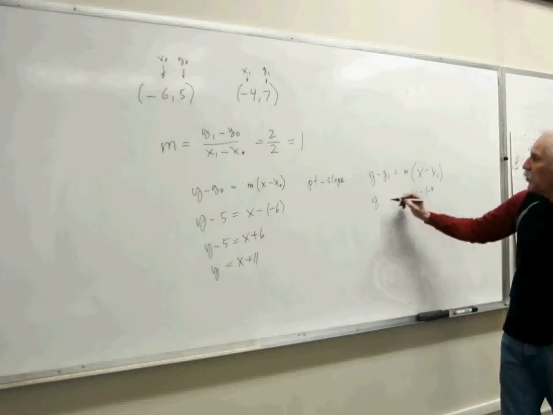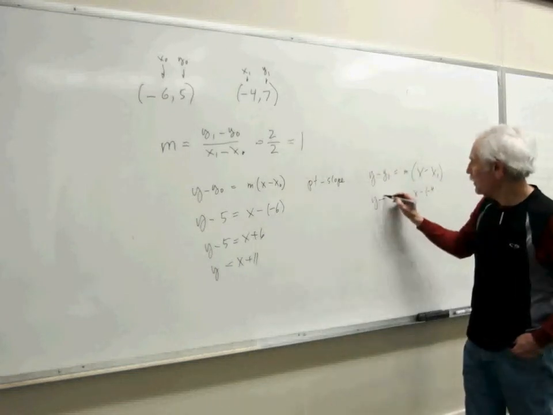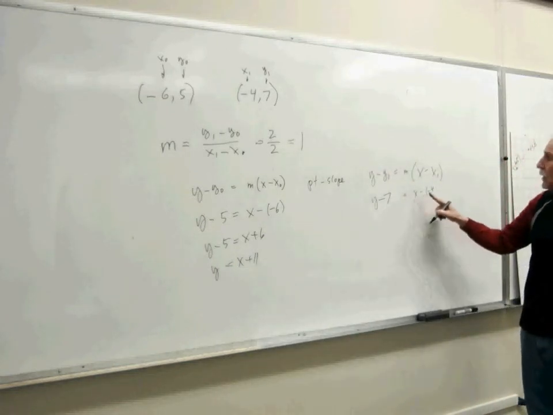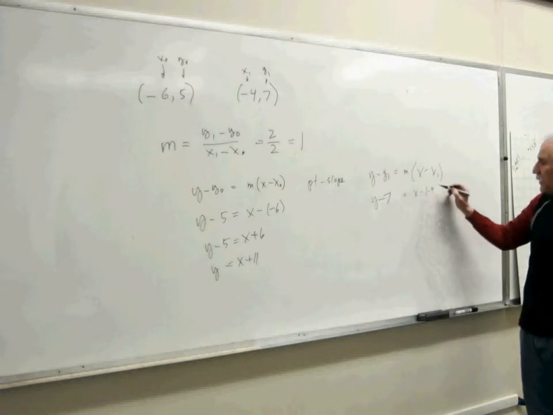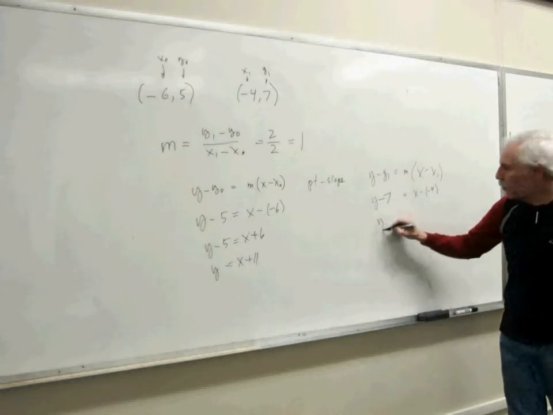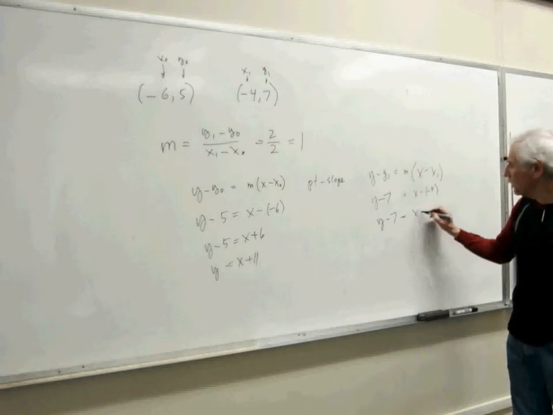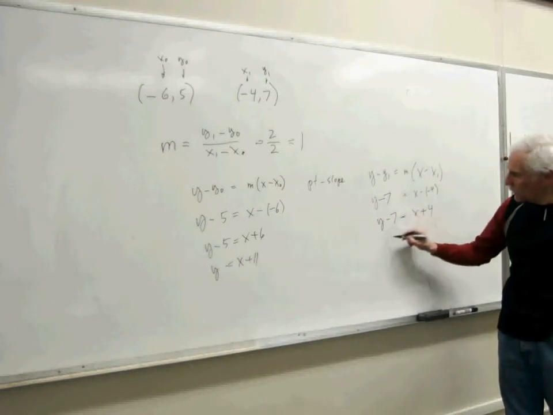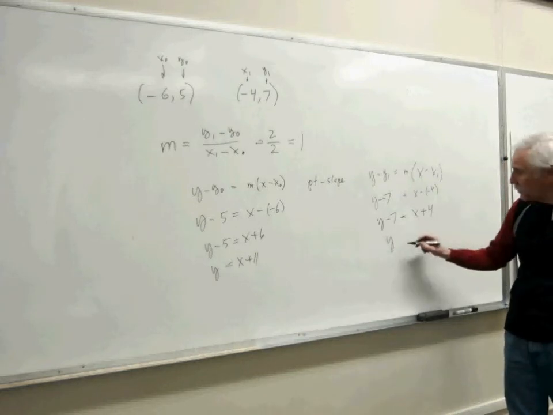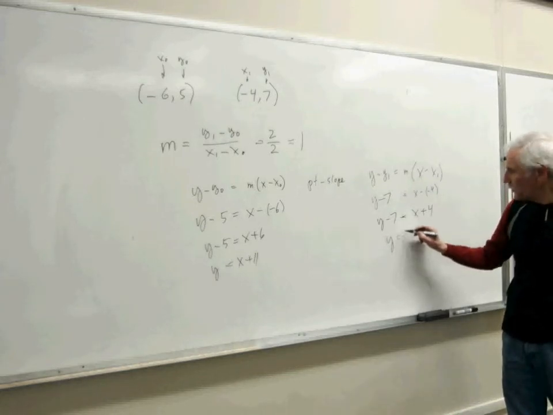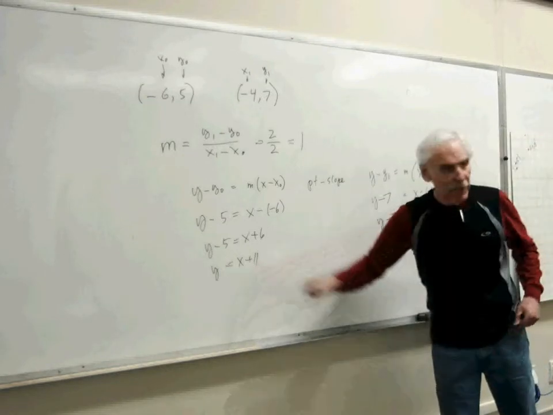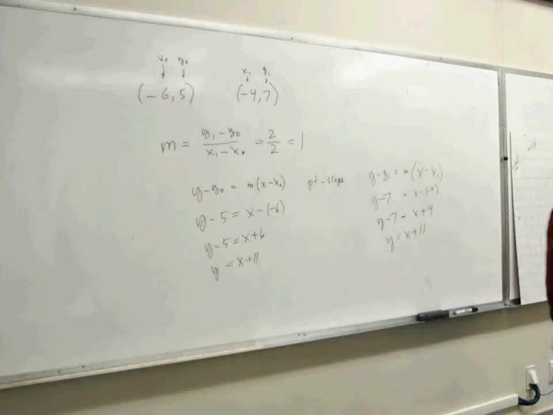And x minus x1 is x minus minus 4. So we have y minus 7 equals x plus 4. And again, we can put the 7 on the other side to get the slope-intercept form: y equals x plus 11. It's exactly the same equation. You can use either point.